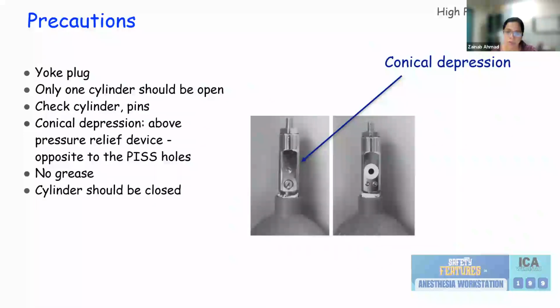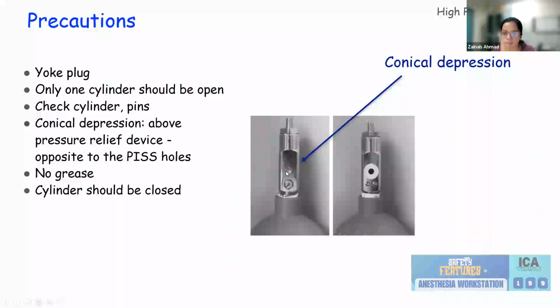Okay. As I told you earlier, it is not just the safety devices or the safety mechanisms that are inbuilt into the system. It is also how we use it. Only one cylinder should be open at a time in the machine. We should check the cylinder and the pins while we are attaching the cylinder. We have to remember that the conical depression is on the opposite side of the pin index system and the port part of the stem of the valve.